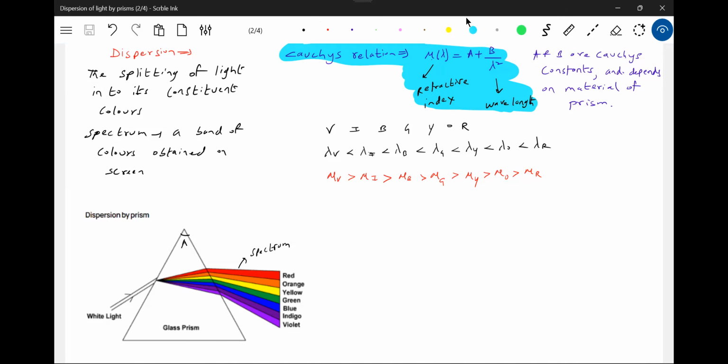Now, for a small angle prism, what is the basic formula? The deviation equals (mu minus 1) A. So definitely, which ray will undergo more deviation? The violet will undergo more deviation because the mu for violet is more than that of yellow or red. Therefore the deviation suffered by the violet will be more than that of the red. That's why, in the spectrum, the violet has more deviation than the red.